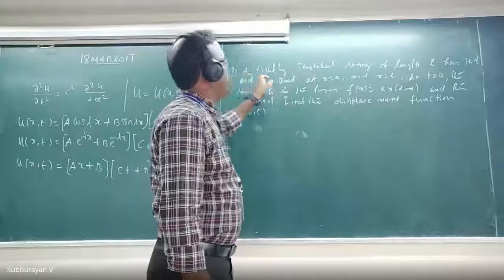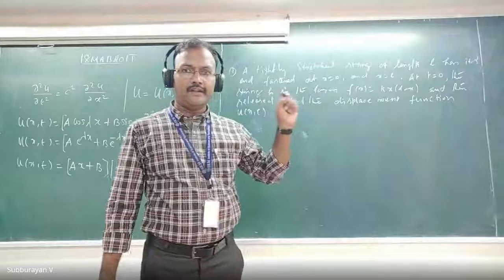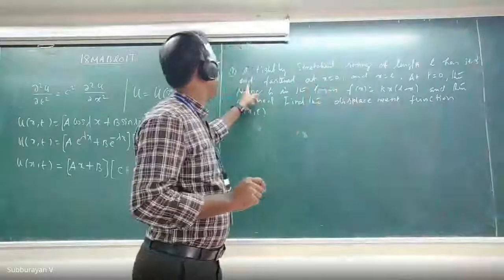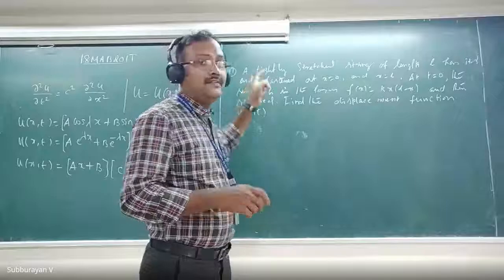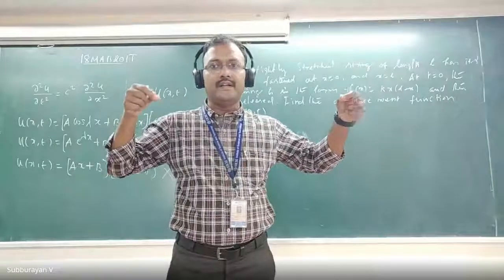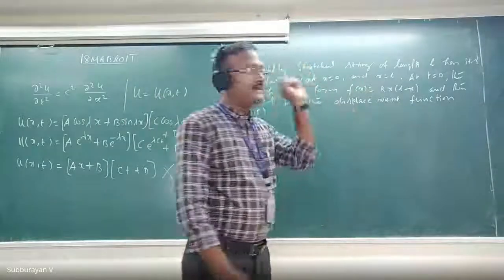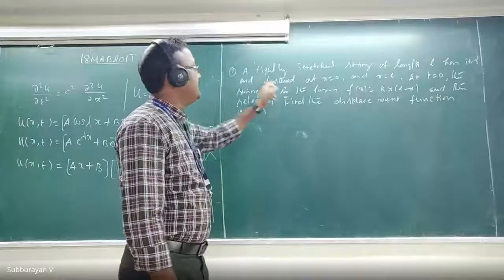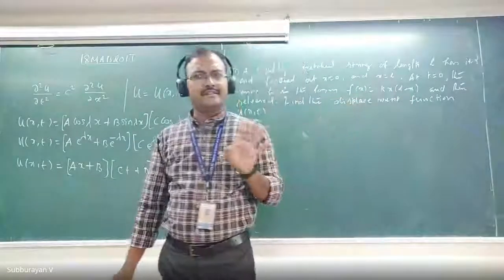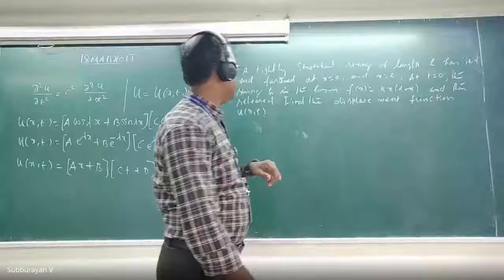The first statement is a tightly stretched string of length L, that is, the length of the string is L. Has its ends fastened, that means it is fixed at the end points x equal to 0 and x equal to L. At time t equal to 0, the string is in the form kx(L minus x), where k is some fixed constant, and then released.